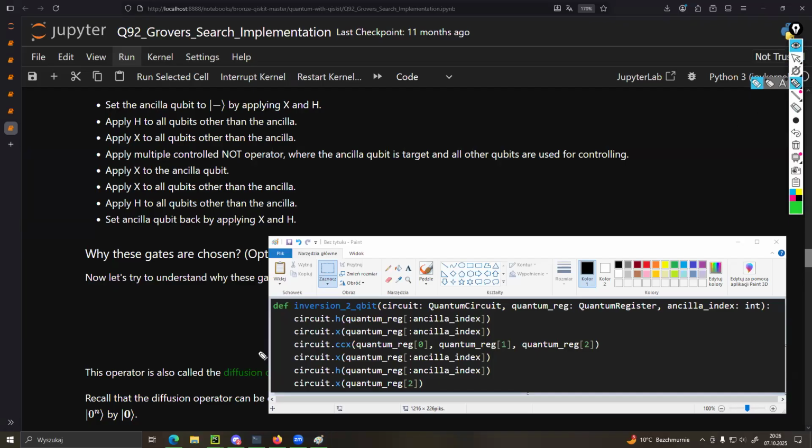So this operation of applying some preparations, this is a prep stage. This is some operation that we would like to apply, and then we revert again.